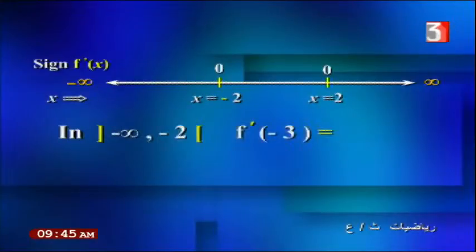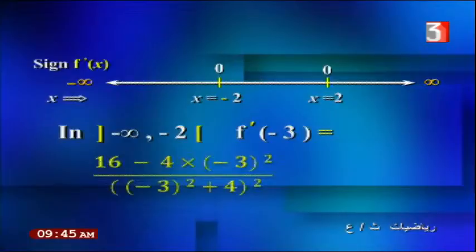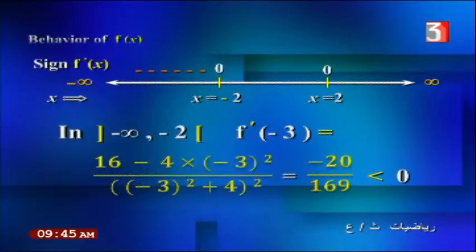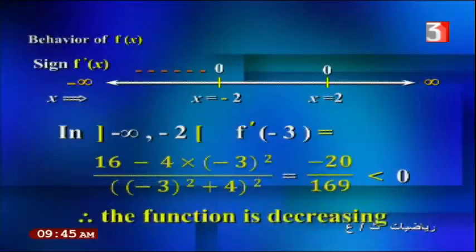Now, in the open interval negative infinity to negative 2, f dash negative 3 equals 16 minus 4 times negative 3 power 2 over negative 3 power 2 plus 4 all power 2, which equals negative 20 over 169, and this value is smaller than 0. So f dash x is negative in this interval, then the function f of x is decreasing in this interval.